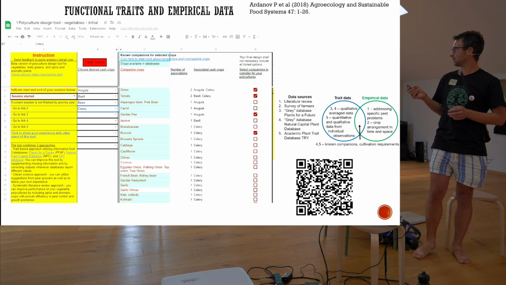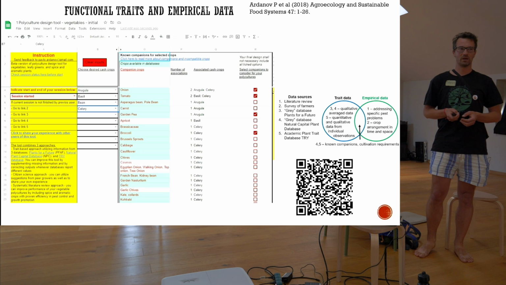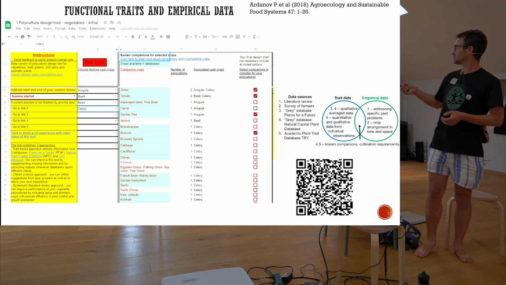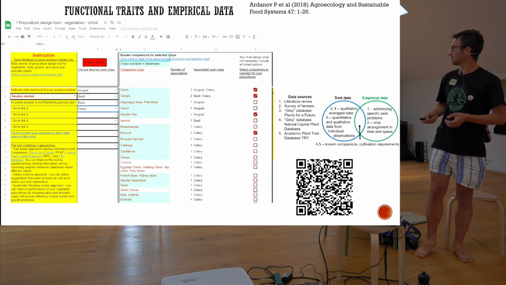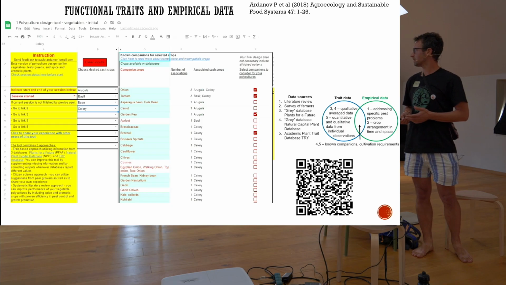I have several hundred of these combinations. It's integrated in my tool, and also I surveyed farmers on what combinations they use in practice, and from that you can access how they combine these crops in space and time.